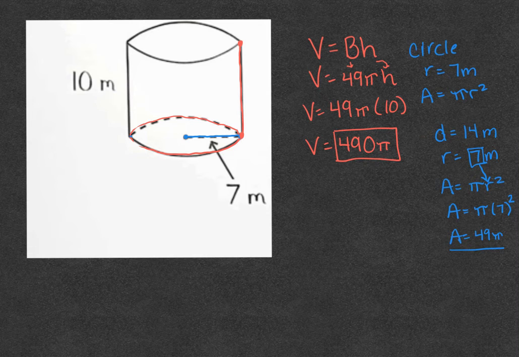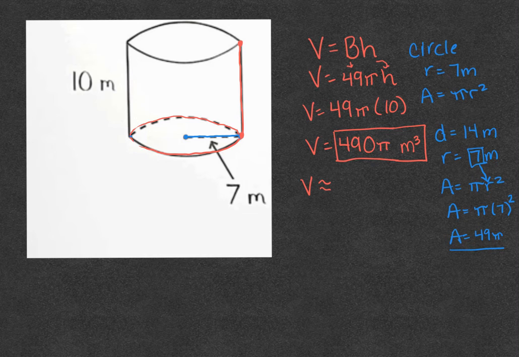So that's an exact answer, but then we also have estimated answers, which for a lot of story problems we'll need, because 490 pi meters cubed, and actually I should add that it should say meters cubed, isn't really a measurement that I can go and measure at all. So we do need those estimations.